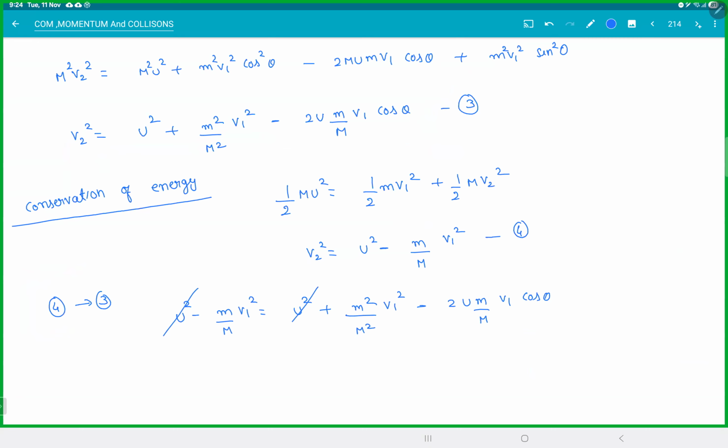Interesting. That thing got cancelled. This thing, if I shift it here, I'll get V1 also. One V1 also got cancelled. This was not expecting. Think I goofed up somewhere.